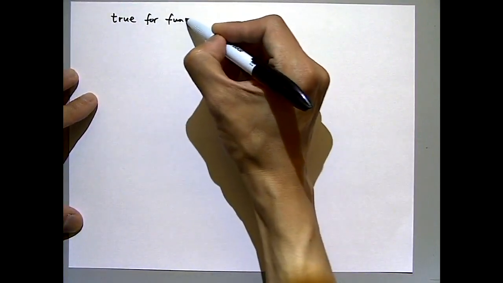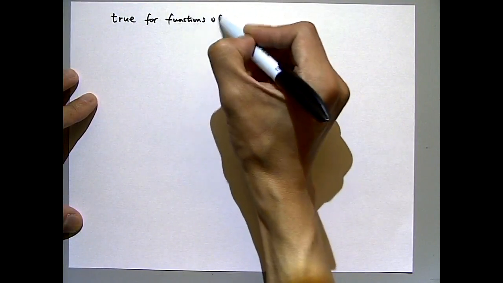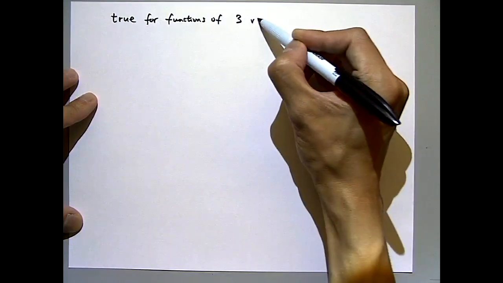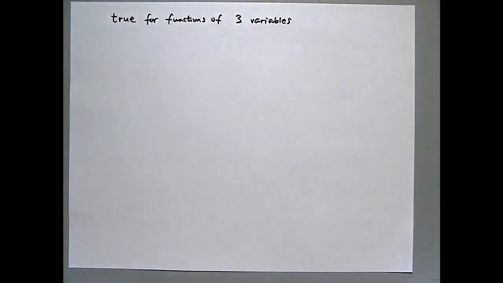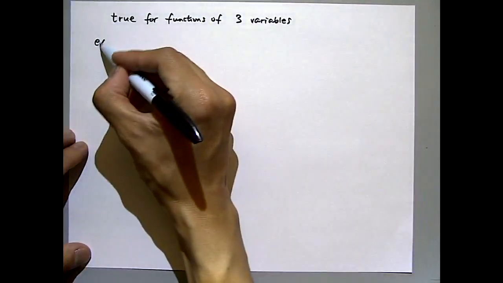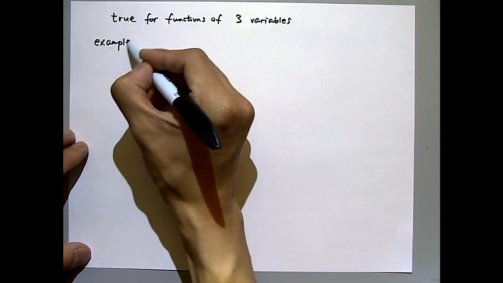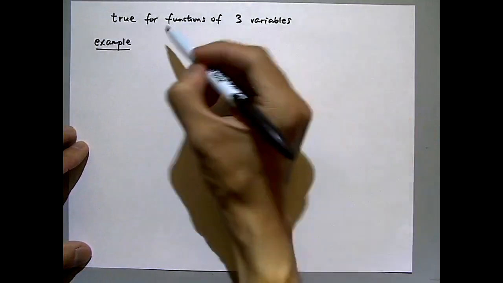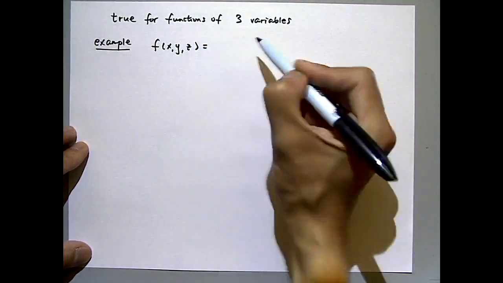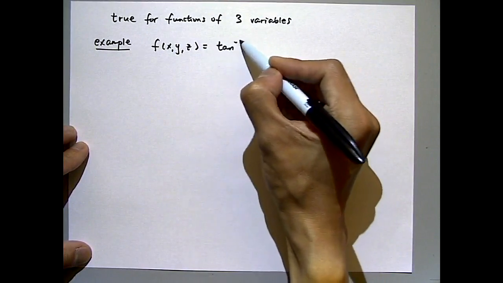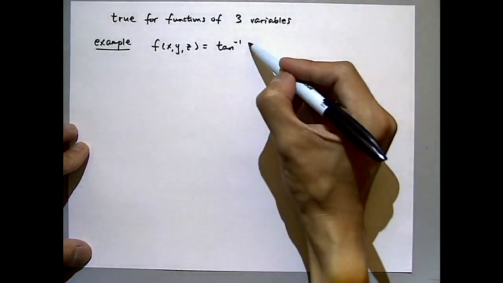What we just did is true for functions of 3 variables too. In fact, it's true for functions of any higher number of variables. For example, here we have a function of 3 variables. F of x, y, z is the inverse tangent of xyz.